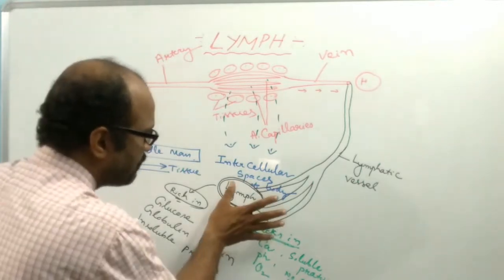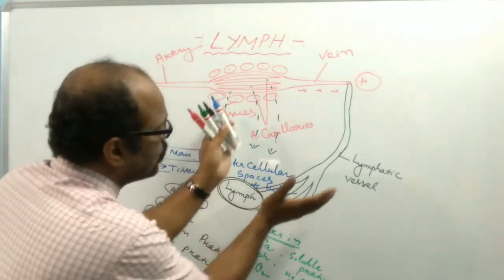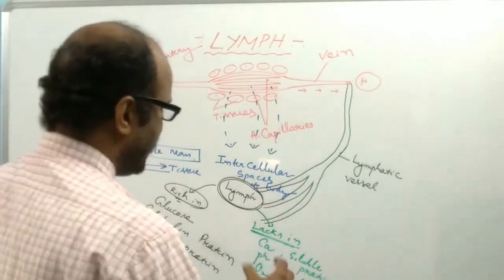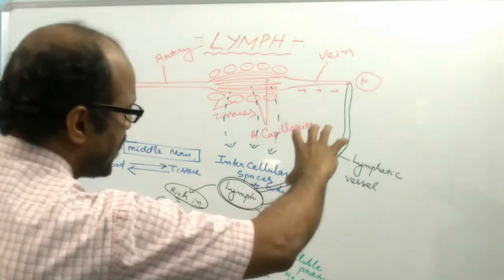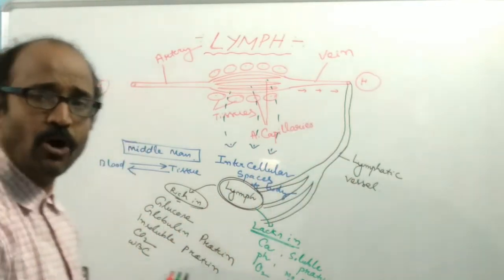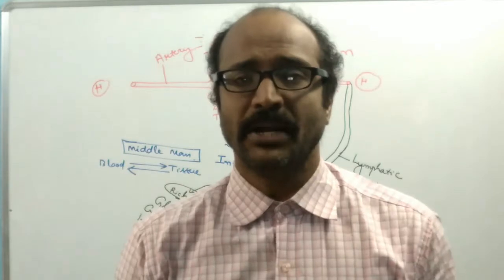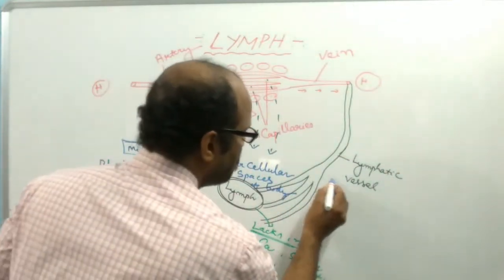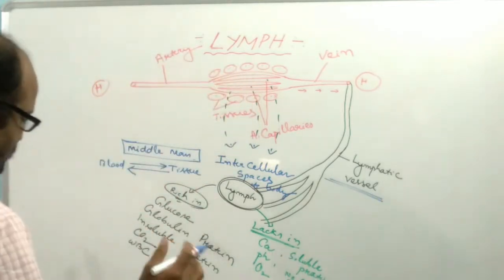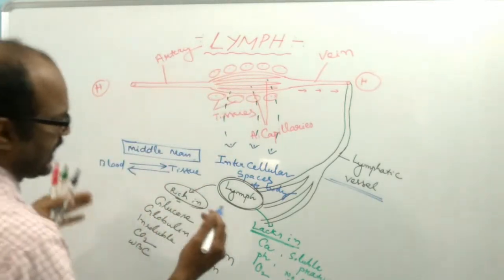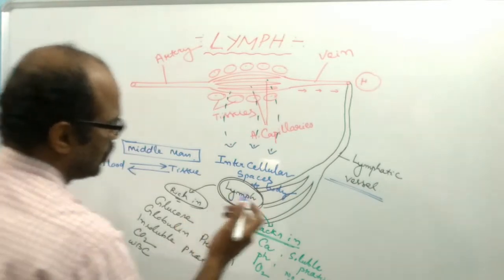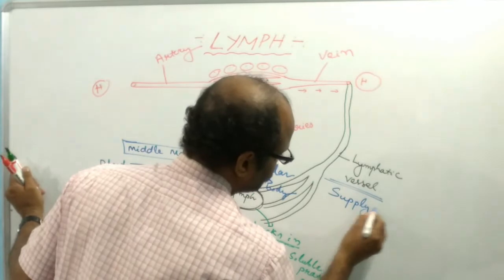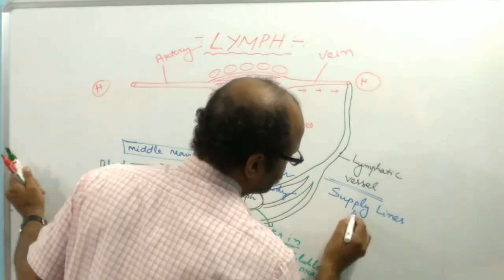Lymphatic vessels are present throughout our body just as blood vessels are. That's why these lymph vessels form another system known as the lymphatic system, also known as the pipelines or supply lines of our body.